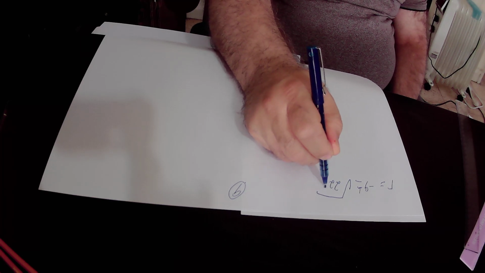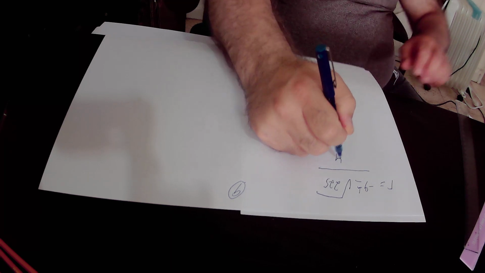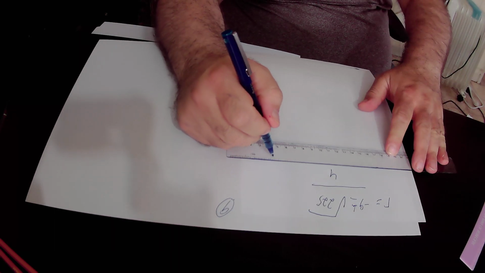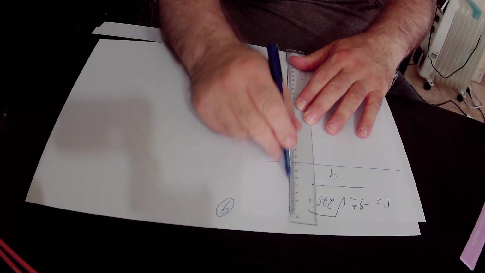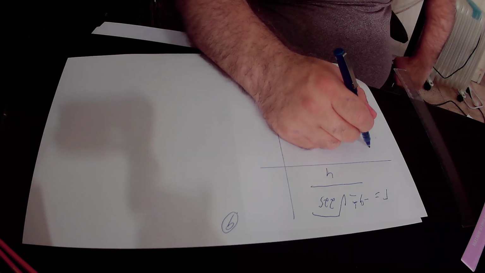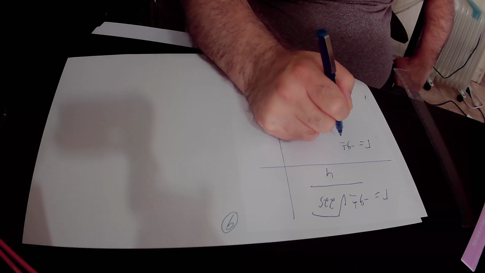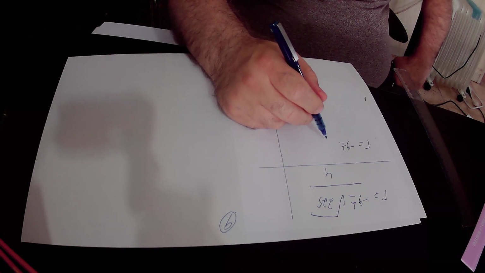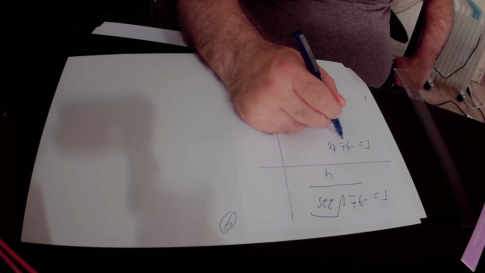So inside the root we are left only with 225, all divided by 4. So here r, the radius of the small circle, equals minus 9 plus minus the square root of 225, which is 15, all divided by 4.